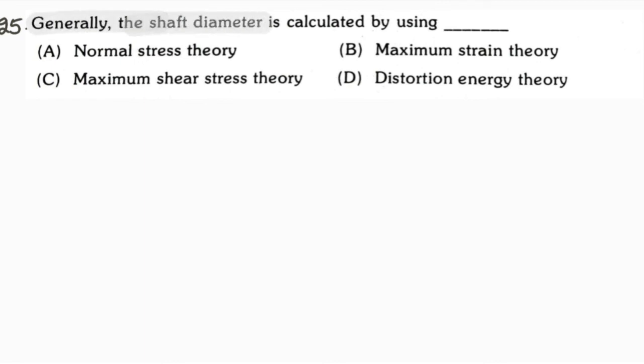Generally, the shaft diameter is calculated by using, dear friends, generally the shafts are made with ductile material. For the ductile material, generally we are using the maximum shear stress theory, whereas for brittle material, maximum normal stress theory is used. Let me write that point.